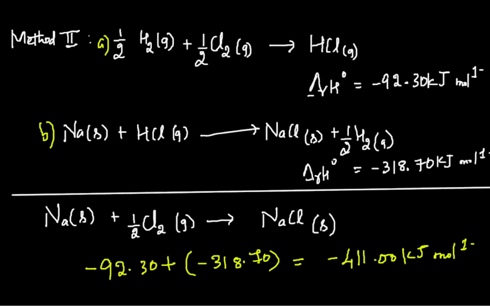So that is your delta H of the net reaction. Again, reiterating the same thing: H is a state function, and therefore you can add enthalpies around different paths. What you need is the initial point and the final point.